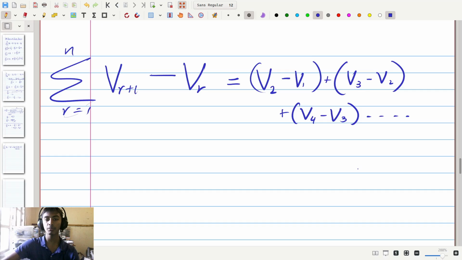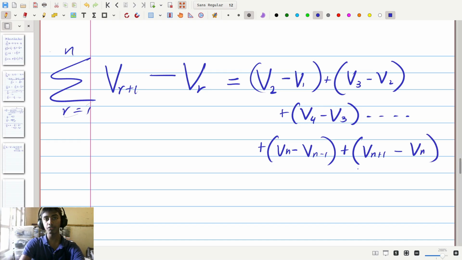If we consider r equals n minus 1, the term before the last term, we would have v of n minus 1 plus 1, which would be v of n, minus v of n minus 1. And the final term would be the value when r is equal to n, which would be v of n plus 1 minus v of n.